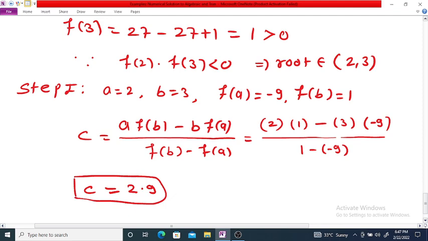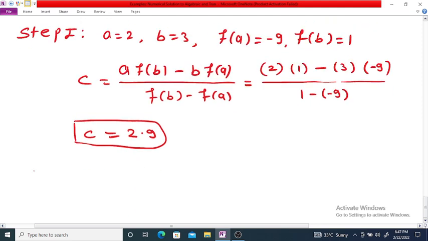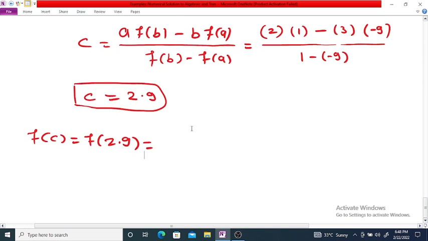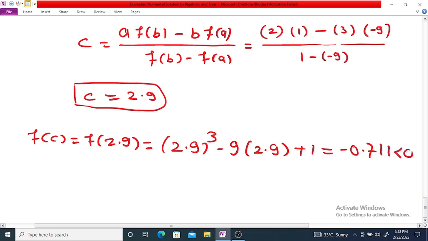Now f of c is equal to f of 2.9. The given function is x cube minus 9x plus 1. So 2.9 cube minus 9 times 2.9 plus 1 is equal to minus 0.711, which is less than 0.